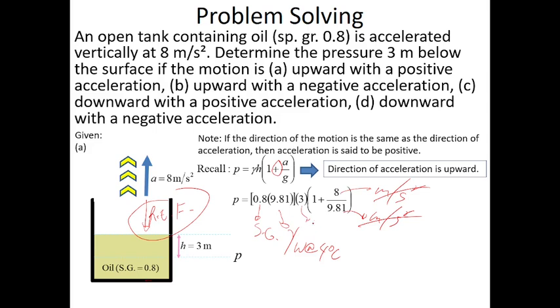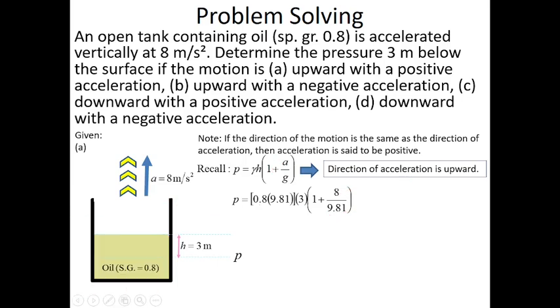Ito, unit nito ay meter. Ito, unit nito ay kilonewton per cubic meter. So, kilopascal. Kilonewton per cubic meter, multiply mo ng meter, kilonewton per square meter. So, therefore, ang unit ay pascal. Kilopascal, I mean. So, 42.74 kilopascal.